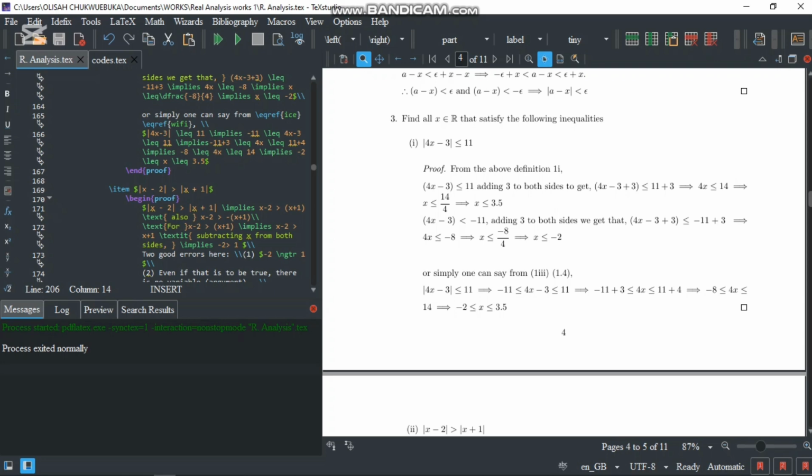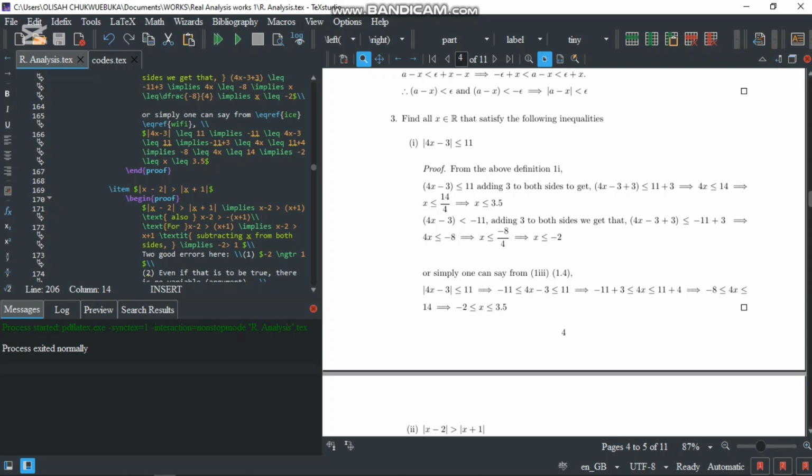We know that the absolute value function is a non-negative function, such that any value it returns is either 0 or a positive value. So we are going to equate 4x minus 3 to negative 11 and to positive 11. Equating it to positive 11, we have that 4x minus 3 is less than or equal to 11.